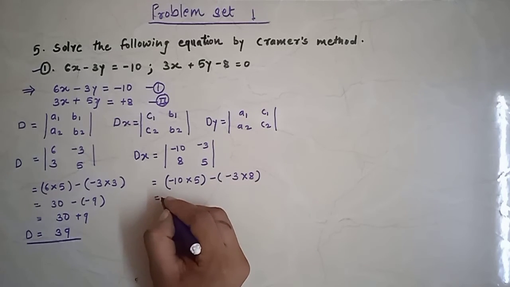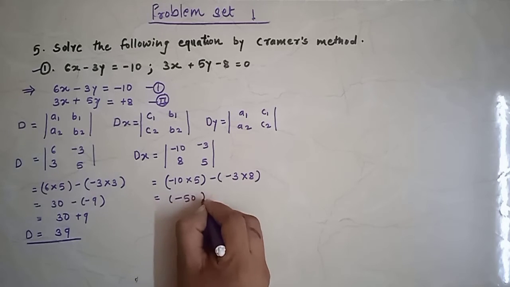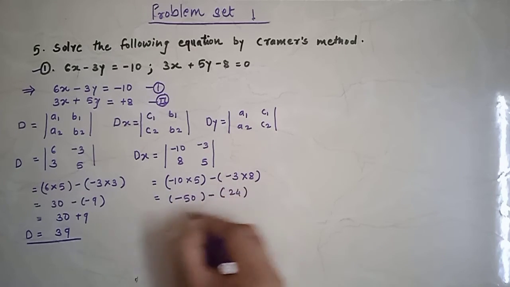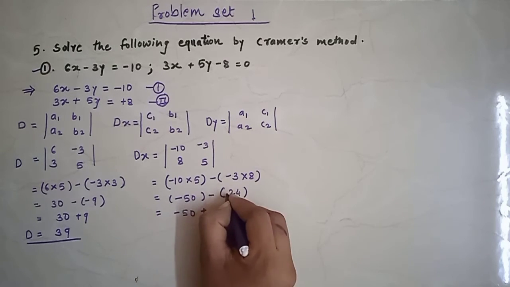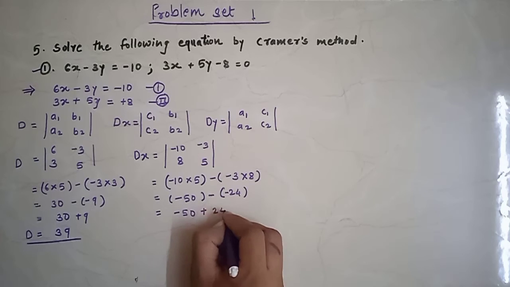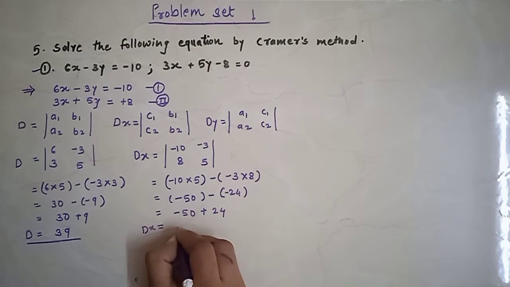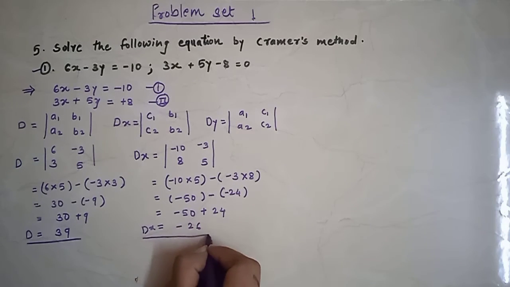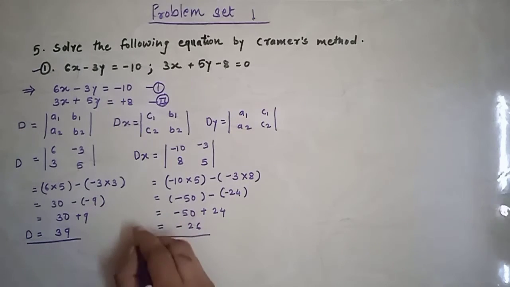Then we get minus 50, minus minus 24, so minus minus is plus, then 24. Then we get the value of Dx is minus 26. Okay, so this is our D of x.